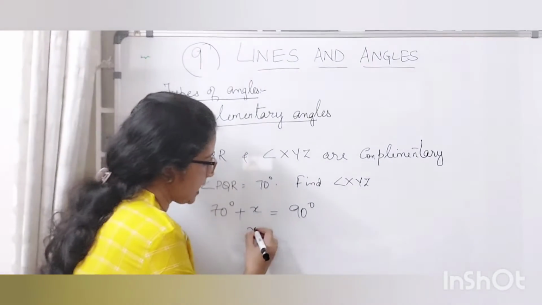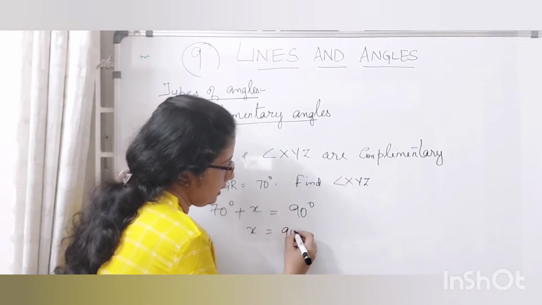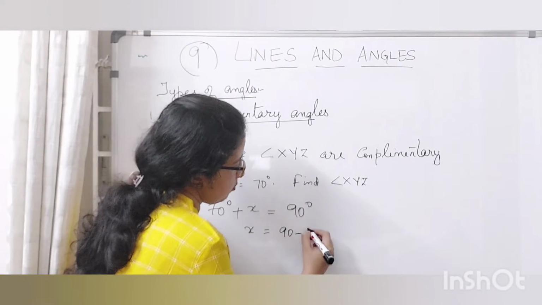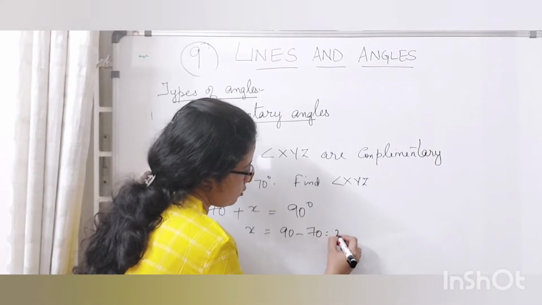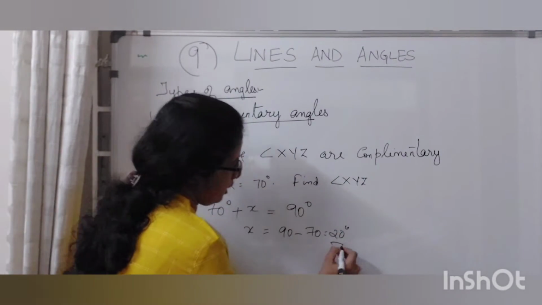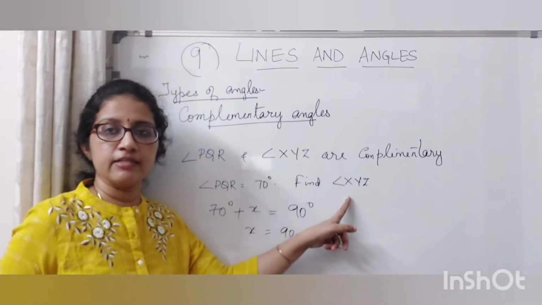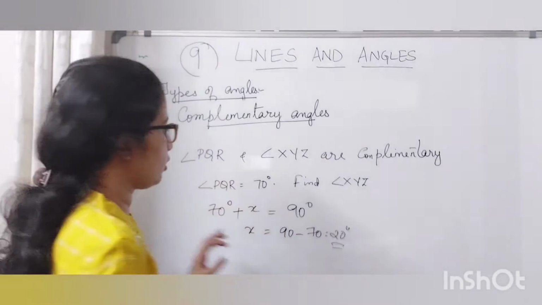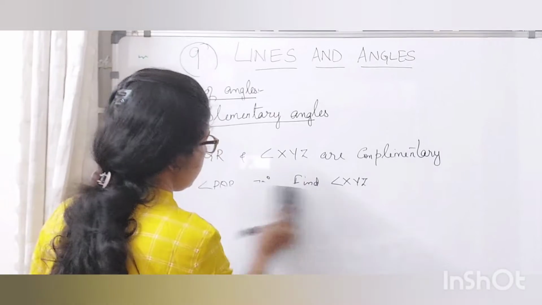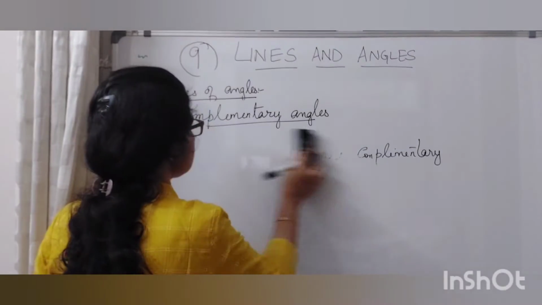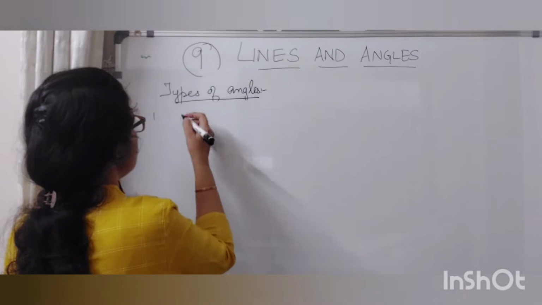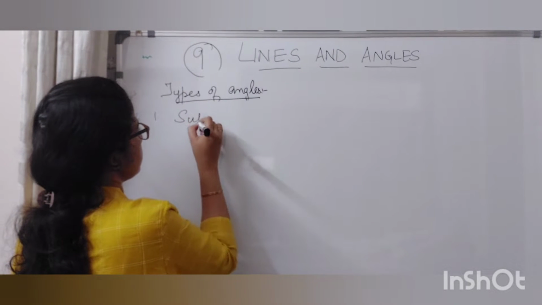So what is X? X is equal to 90 minus 70, that is 20 degrees. So angle XYZ is equal to 20 degrees. Clear with the complementary angles? Now we go on to our next type of angle, which is supplementary angles.